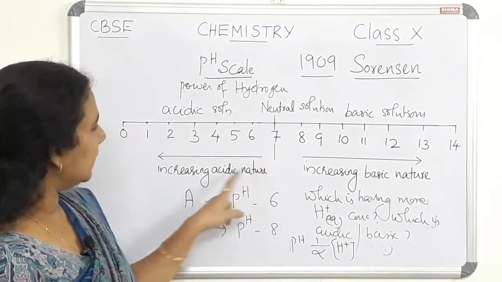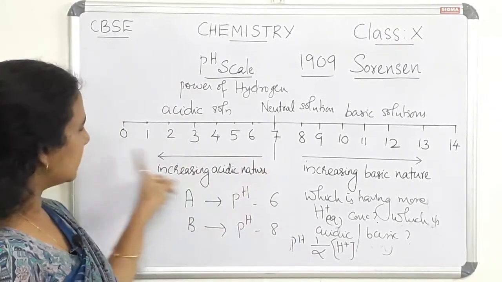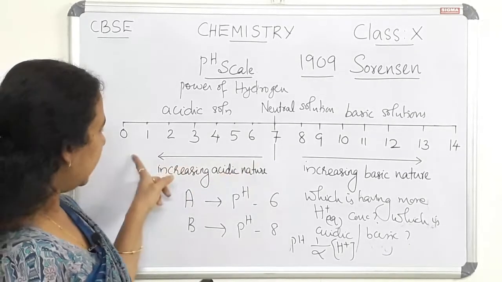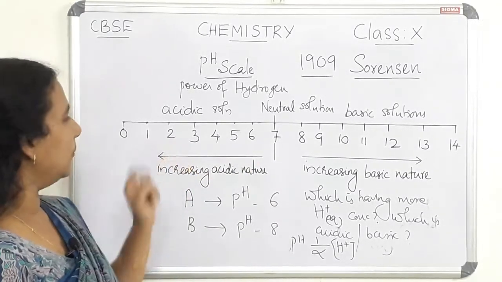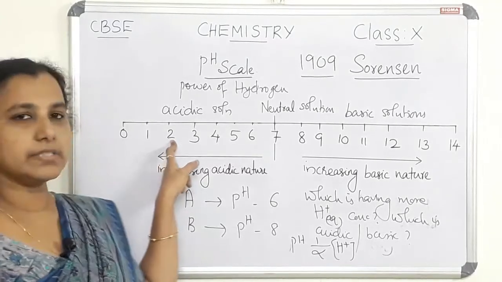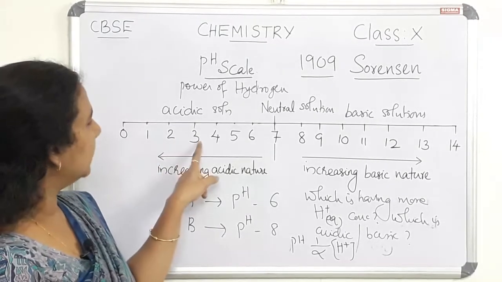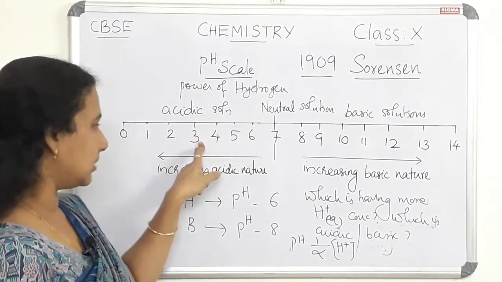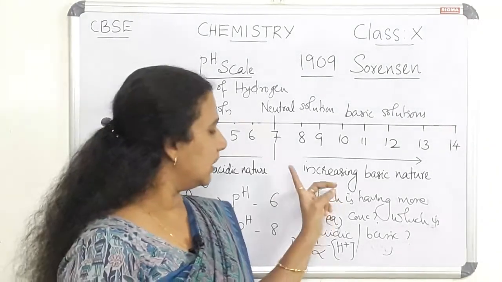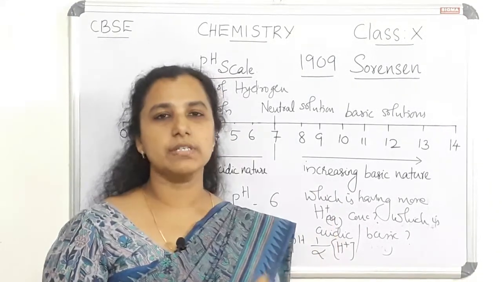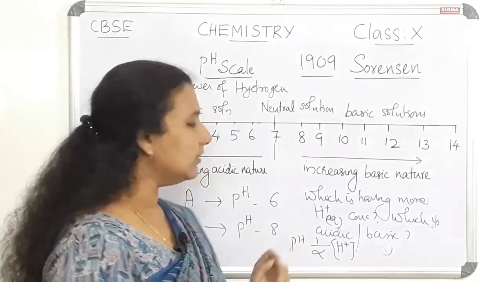Increasing acidic nature is in this side. So pH and the concentration of hydrogen ions in solution are inversely proportional.